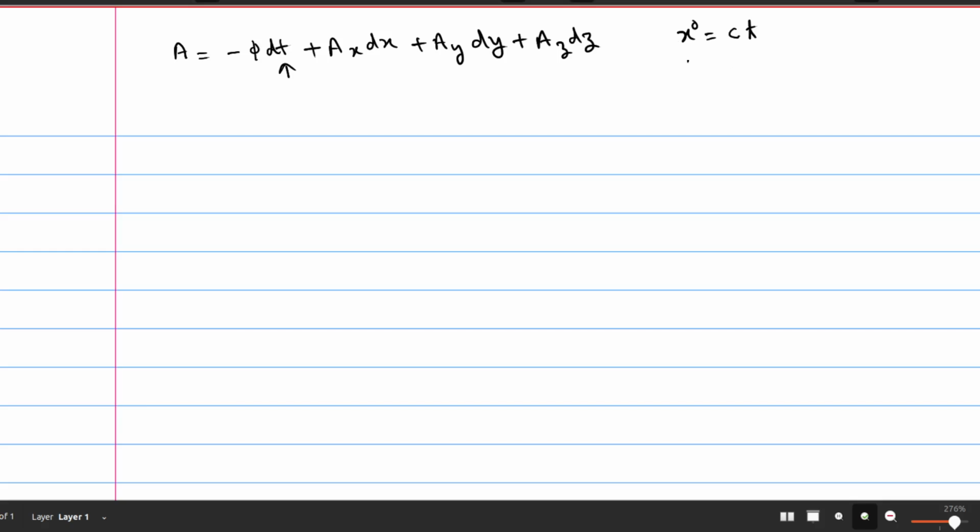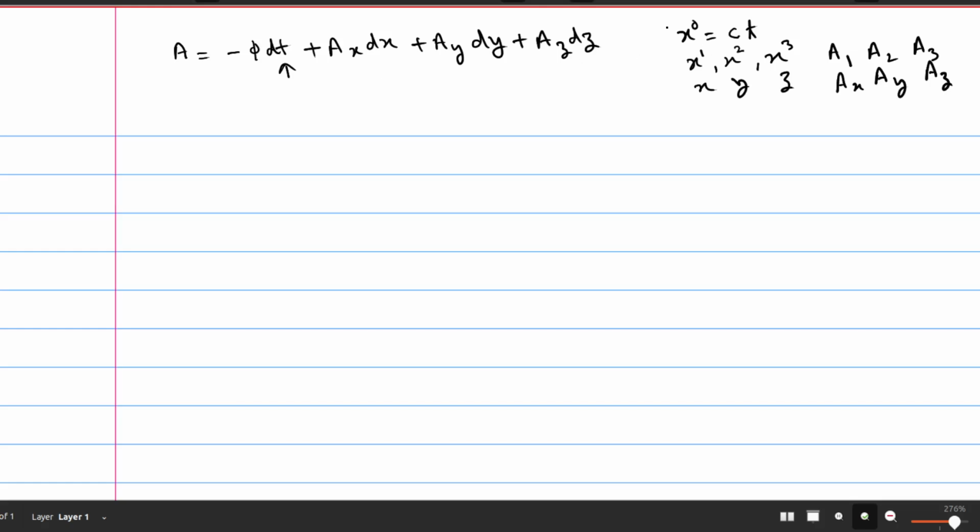We also use notation x1, x2 and x3 for spatial coordinates x, y, z, and we use notation A1, A2, A3 for Ax, Ay and Az respectively.